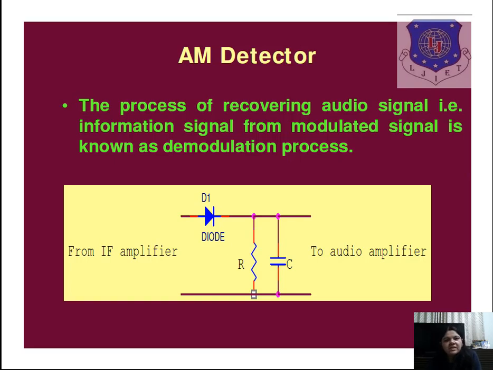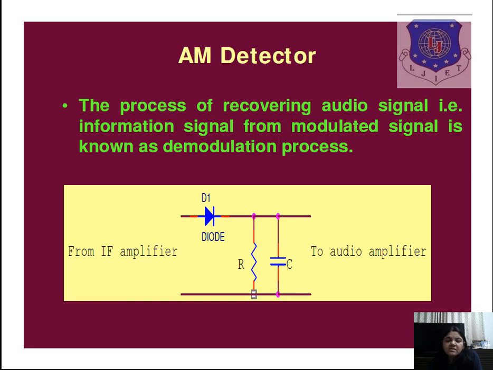Now the signal received at the receiving end consists of both the low frequency component and the high frequency component. So we need to recover the original signal, or the information signal, or the message signal from the amplitude modulated output. We need to perform the procedure which is known as the demodulation process.